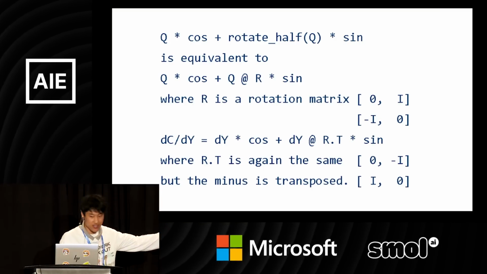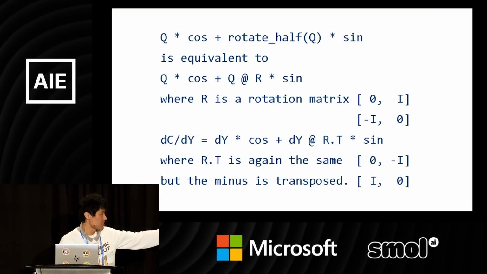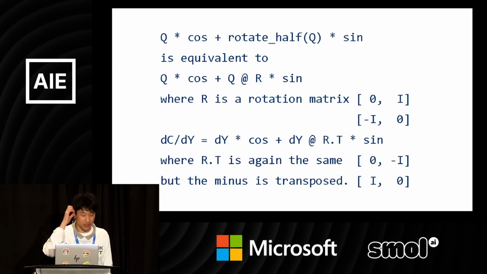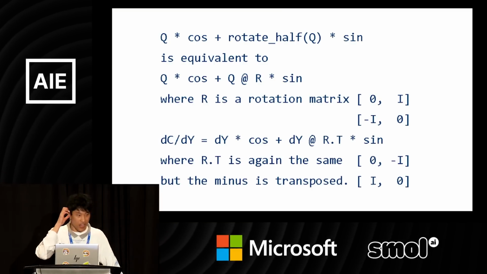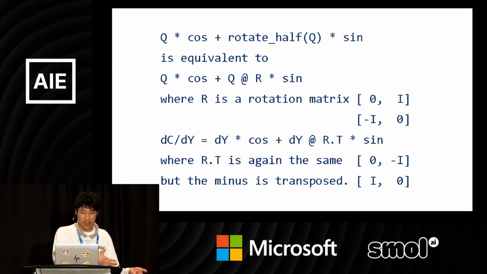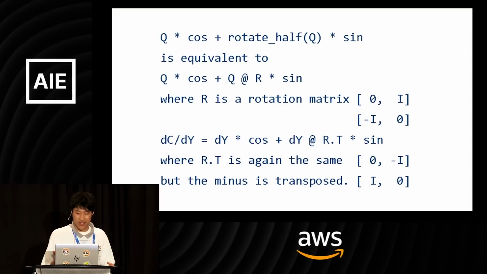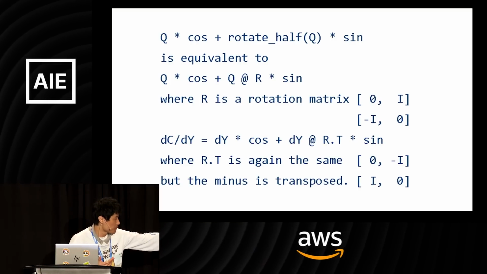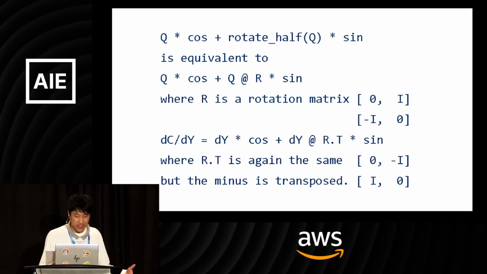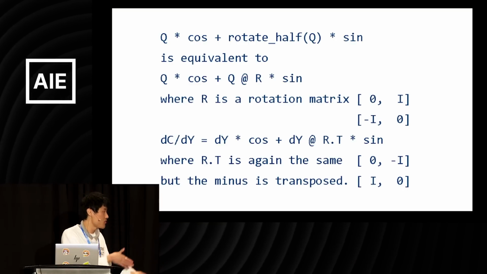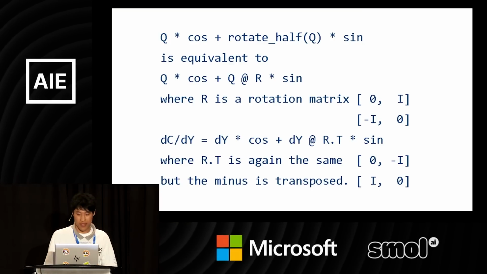The rotation matrix is minus identity and identity, and zeros on the diagonal. Because it's a matrix notation now, simply the derivative is the transpose. If you do the transpose, the minus sign just flips, and it's literally the same as your previous example, just put the minus.